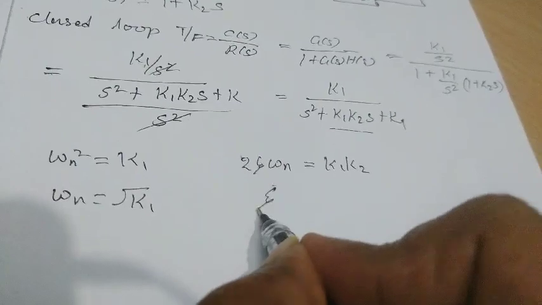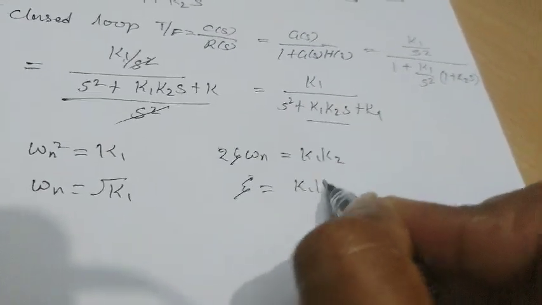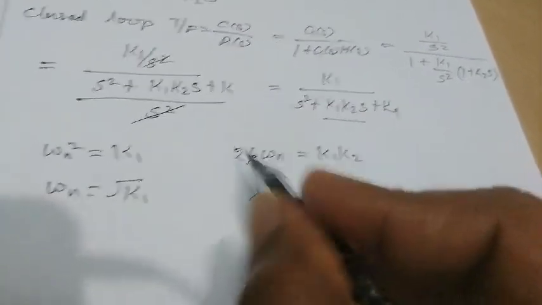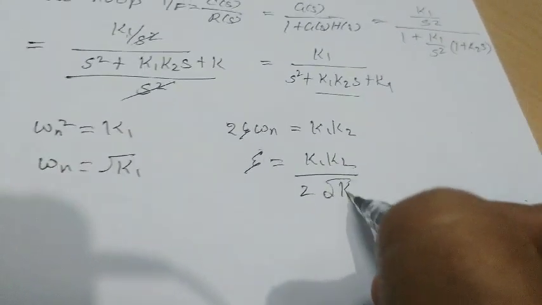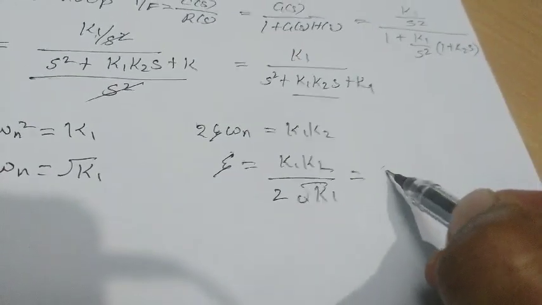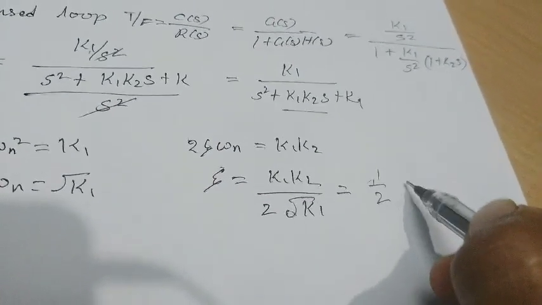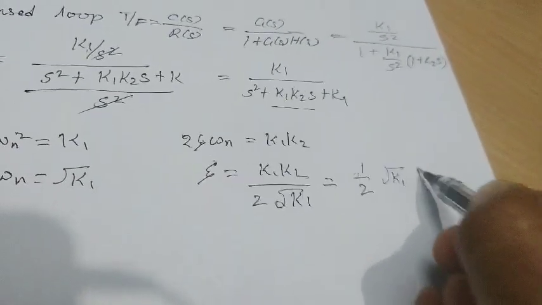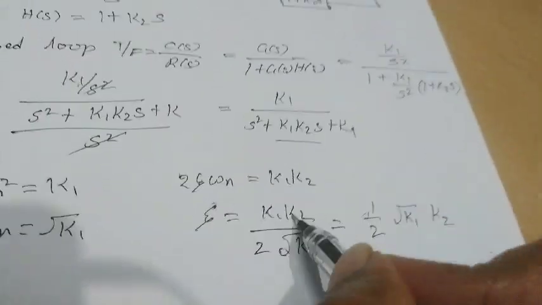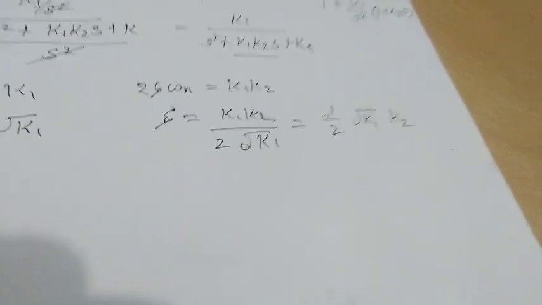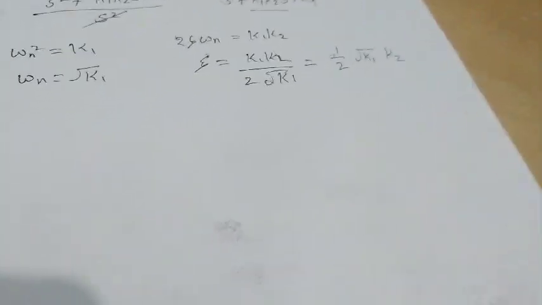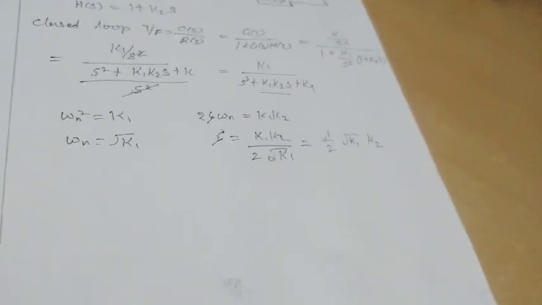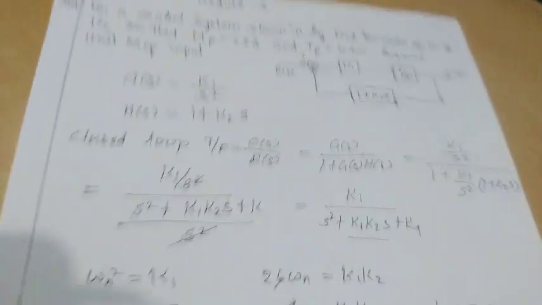So from this zeta equals K1 K2 by 2 into omega n, which is root K1. So simplifying this, I'll get 1 by 2 root K1 and K2.